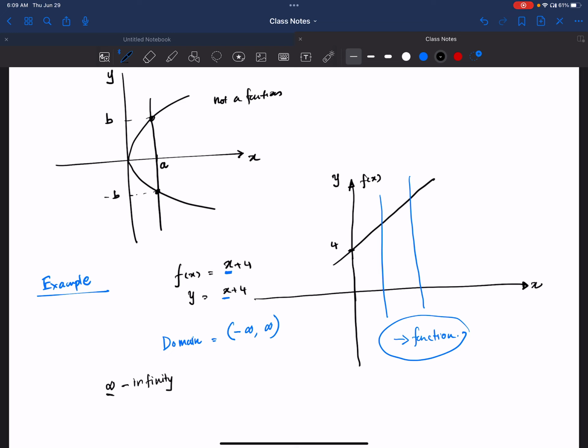Positive infinity, usually you don't put the positive sign, but sometimes some people do, means a very large positive number. A negative sign signifies a very large negative number. These are not really numbers, okay? You cannot do usual mathematical operations with these symbols. It's just a symbol. Remember that.